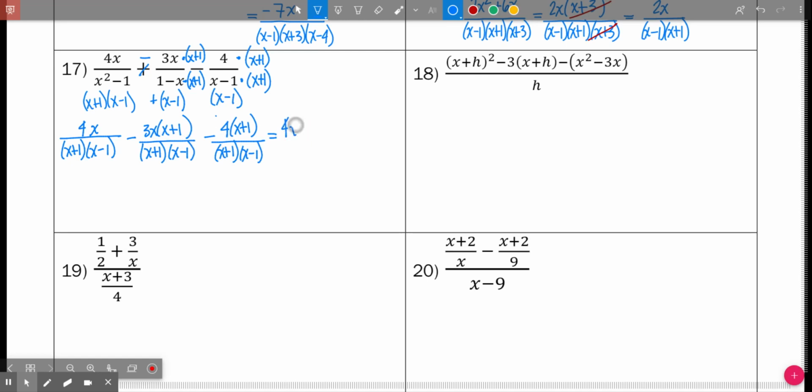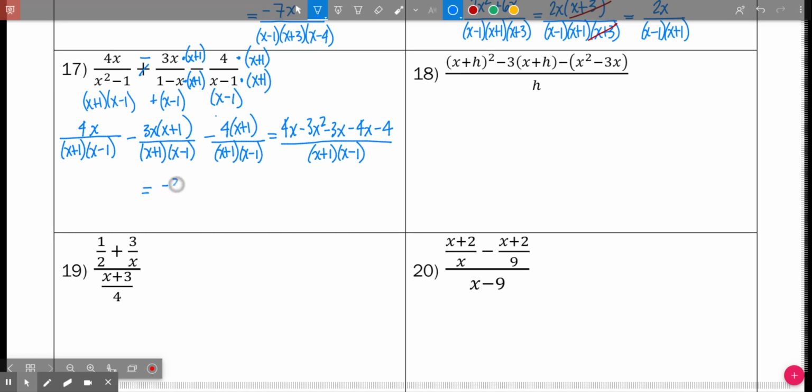So this is 4x minus 3x squared minus 3x minus 4x minus 4, all over x plus 1, x minus 1. So I have positive 4x and negative 4x, so it cancels and goes away.